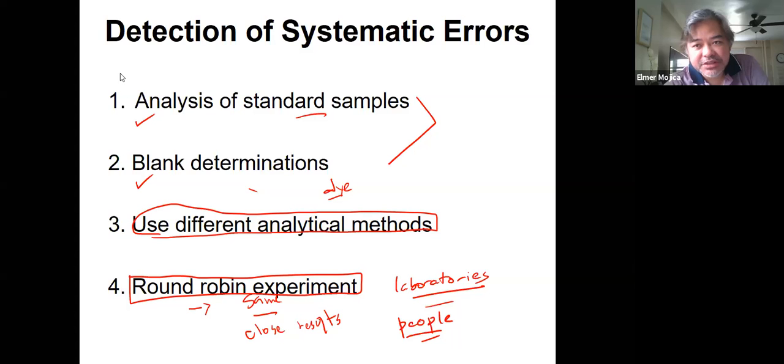Usually if it's a standard, it's accurate, because you pay a much higher price for it compared to a typical reagent of the same chemical. So when you purchase a standard, they usually give you accurate results because you pay for them at a much higher price.